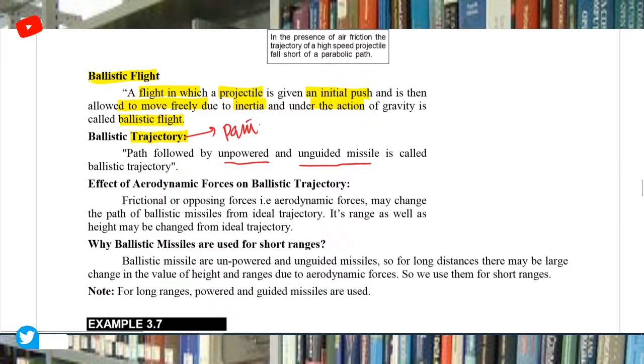Now the very important thing is the effect of aerodynamic forces on ballistic trajectory. First, we have to understand what aerodynamic forces are.